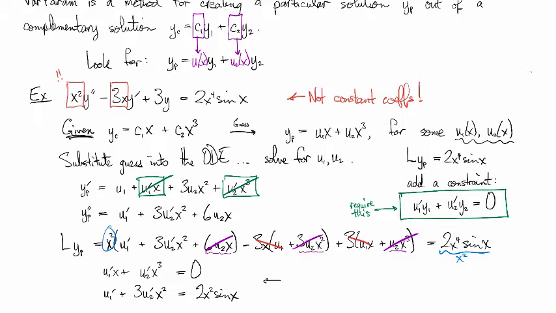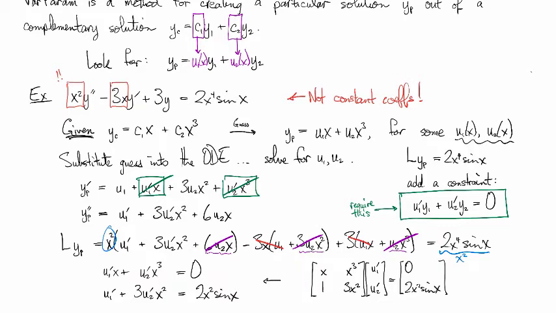So we've got x cubed, 1, and 3x squared, multiplied against u1 prime, u2 prime, and that's giving us 0 and 2x squared sine x.